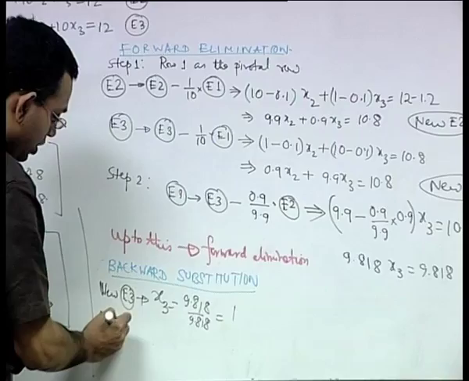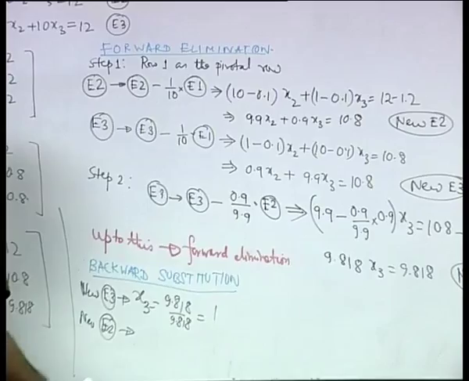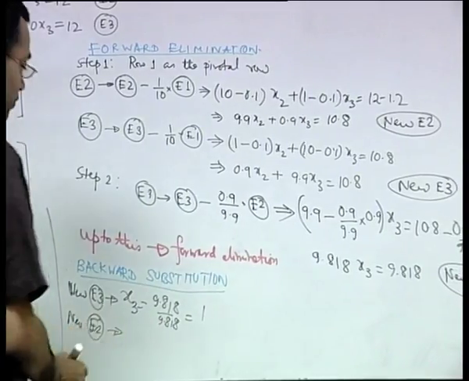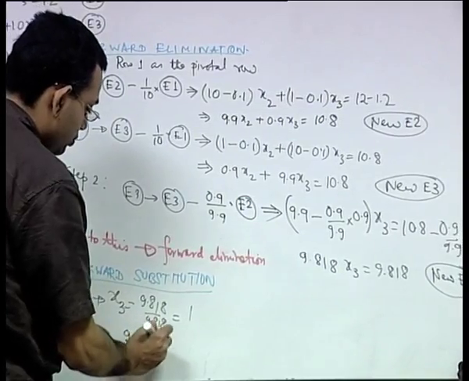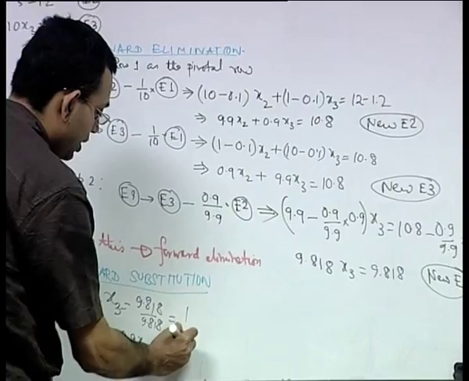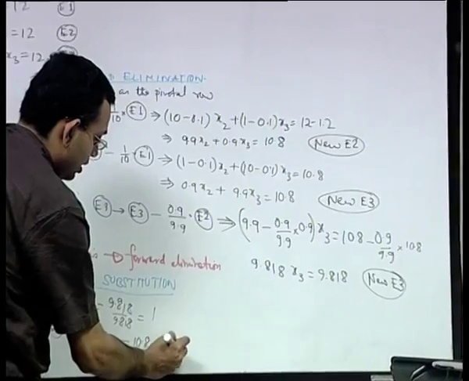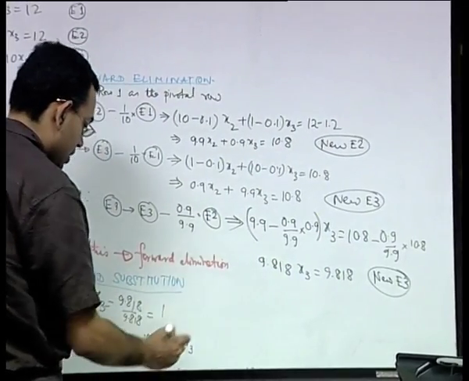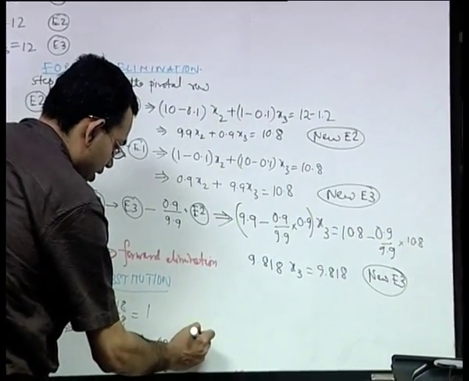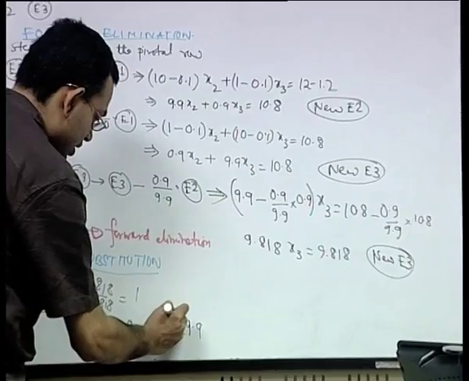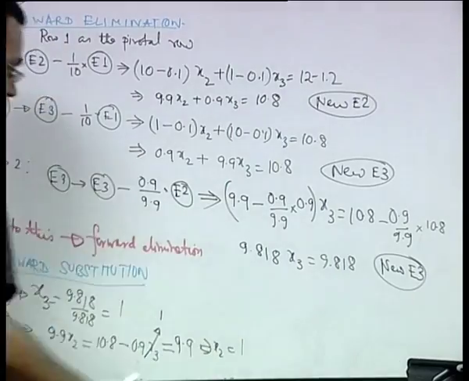Then from new E 2 you have 9.9 x 2 is equal to 10.8 minus 0.9 x 3. So, that is equal to 9.9 because x 3 is 1, that means x 2 equal to 1.